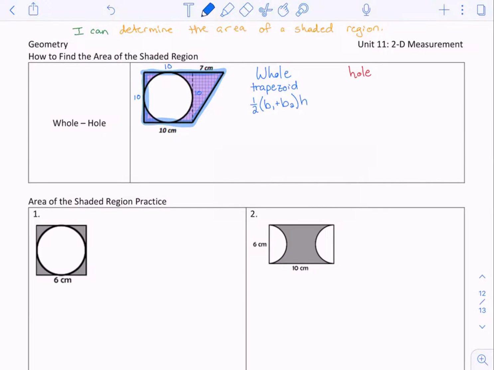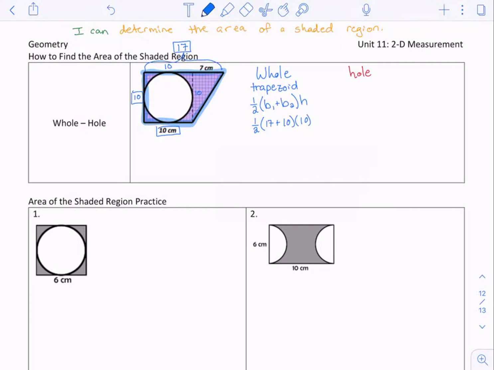So here, our two bases are the 10, and then this total base, which is 10 plus 7, so that's 17. And then the height is the distance between those bases, which is 10. So we have 1/2 times 17 plus 10 times 10.